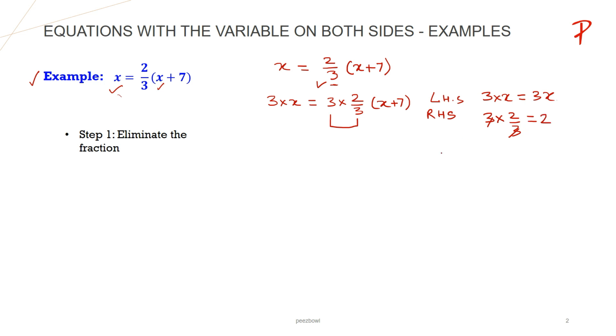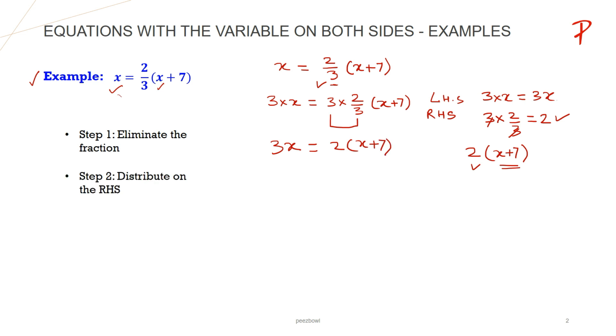So the whole expression becomes 2 multiplied by x plus 7, because the value of 3 multiplied by 2 by 3 is 2, and this is multiplied by x plus 7. So our equation becomes 3x is equal to 2 multiplied by x plus 7.